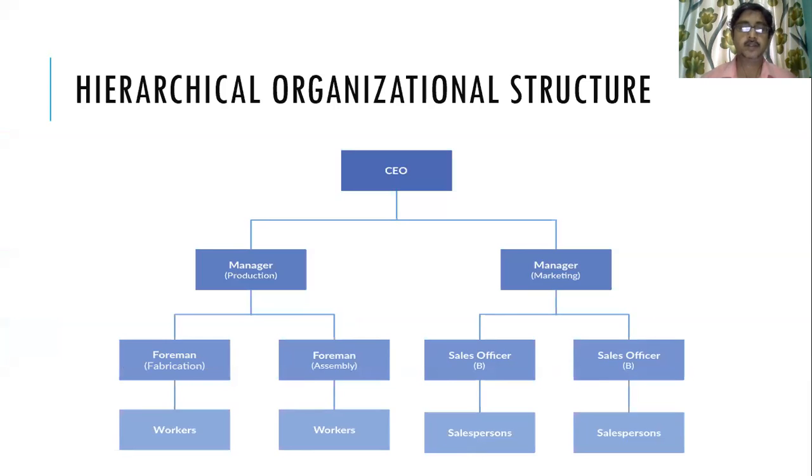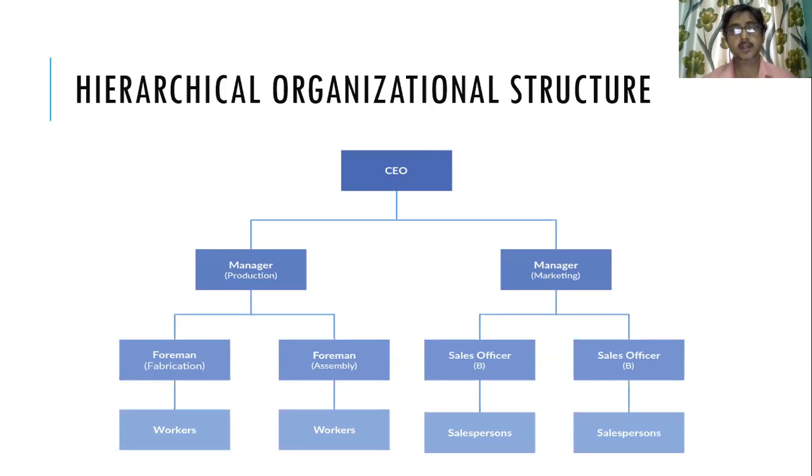You can see the structure is actually designed according to the hierarchy, from the lower hierarchy to the higher hierarchies, and definitely as the number of positions are more in case of the lower hierarchies, it takes a broad-based structure, and it is being headed by the CEO or maybe the MD or the chairman.